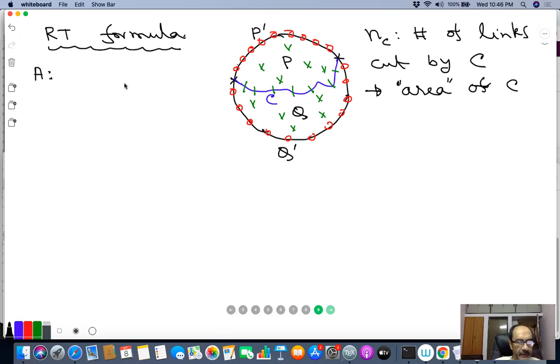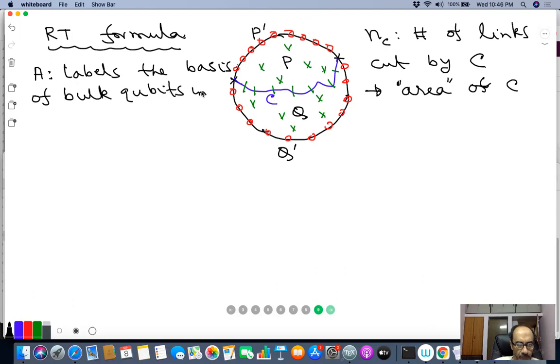This labels the basis of bulk qubits in P. So the number of values that A takes is 2 to the number of points that P has.